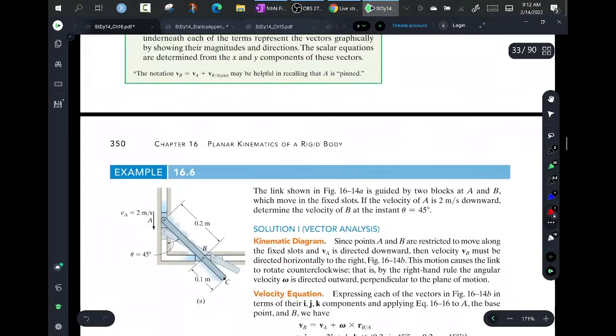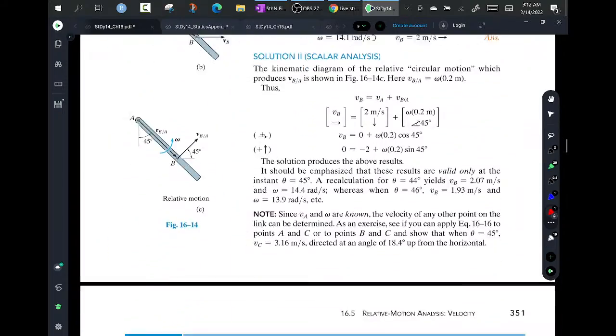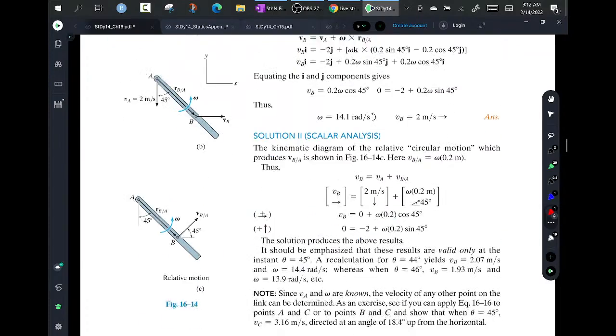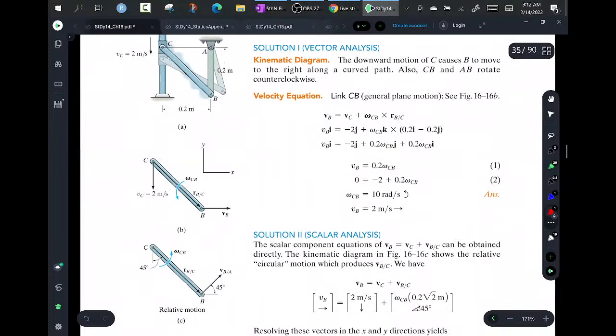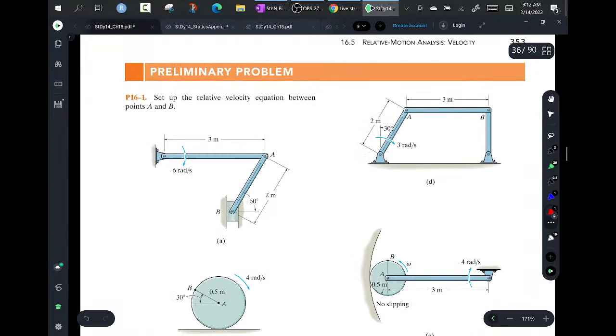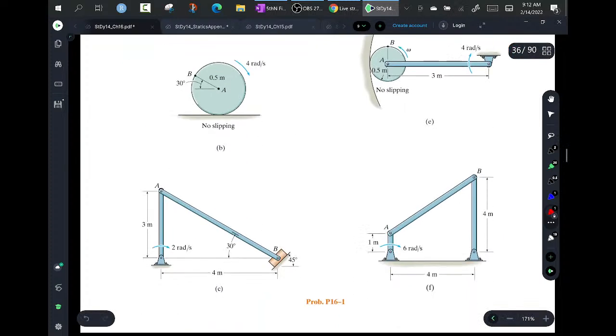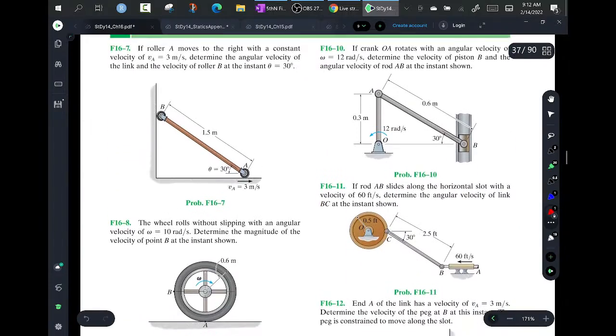Let me go down and just grab a problem and work it. Or I guess I could, well, there's examples here, but I think what I want to do is find a problem. Okay, let's see. Well, first thing he does is say set up the relative motion equation. I think I want to go further than that. These are preliminary problems, which are okay, but maybe he has a better set.